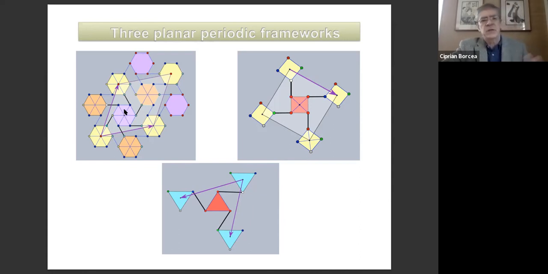We may imagine, because frameworks are equivalent up to isometries of the plane, we can imagine this so-called central hexagon as fixed, because an isometry will allow us to position it in a prescribed place, and also have it oriented so we can label the vertices in a counterclockwise way: 1, 2, 3, 4, 5, 6.